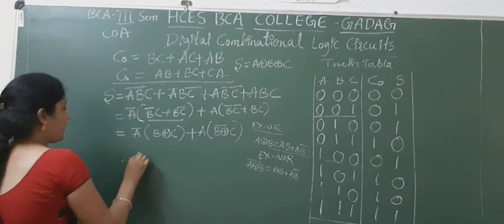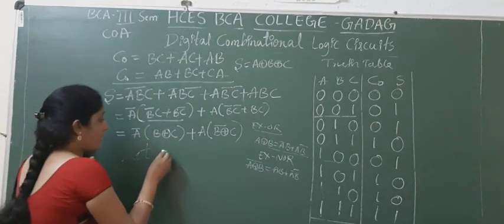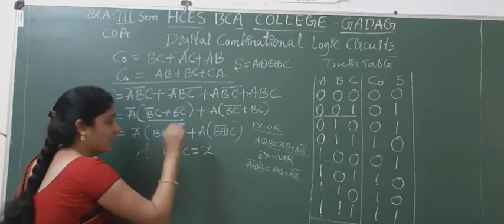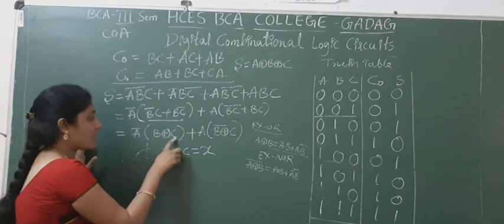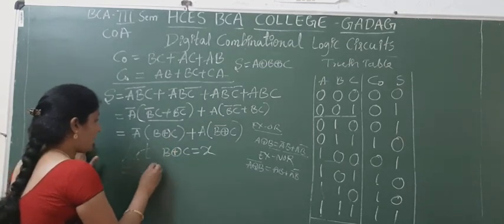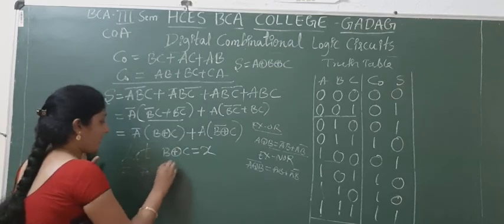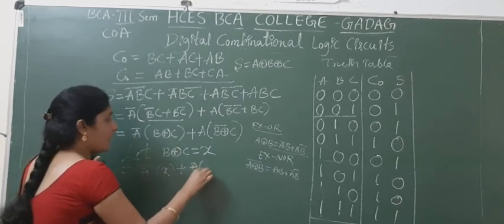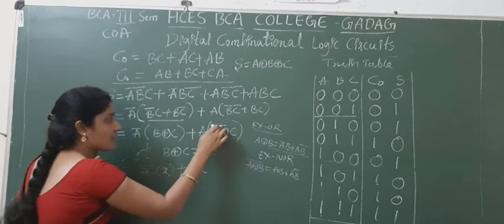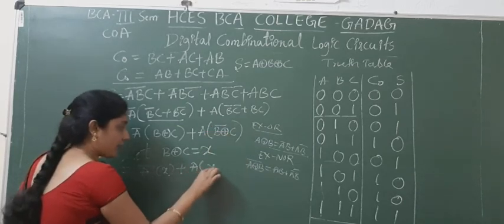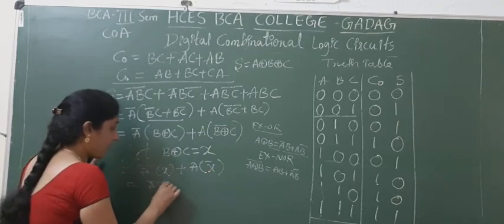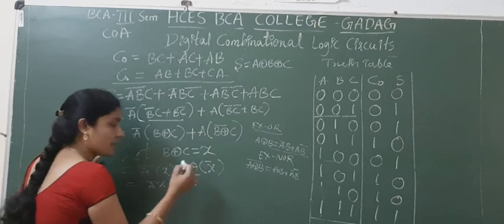Now, let B XOR C be equal to X. Let us take B XOR C as X. Now replace this: A bar into X plus A into, what will this be? B XOR C is X, then B XOR C complement will be X complement. Okay. So now, this is A bar X plus A X bar.